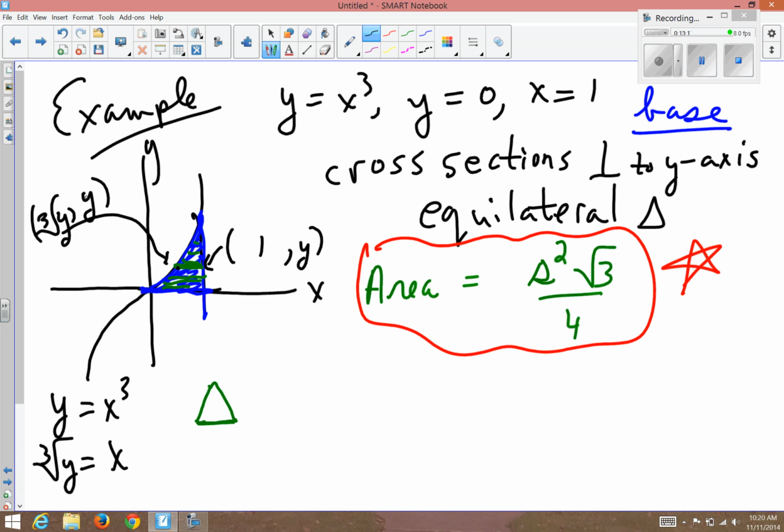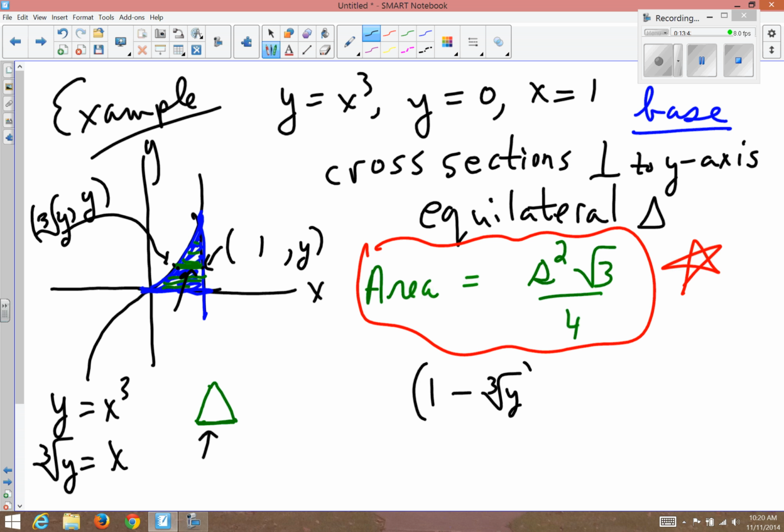So something comma y at one end of the slice, something comma y at the other end. This side of the triangle, which is actually there also, is a change in x. It's left and right. So that means it's 1 minus the cube root of y. That's the side of this triangle.